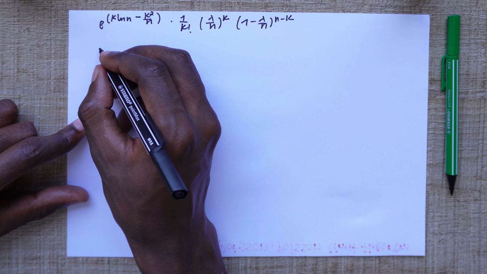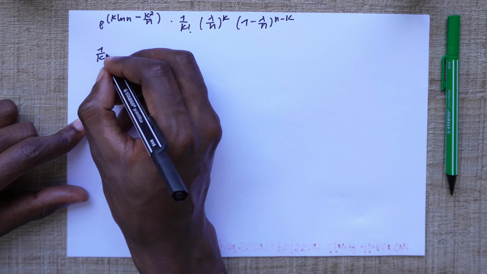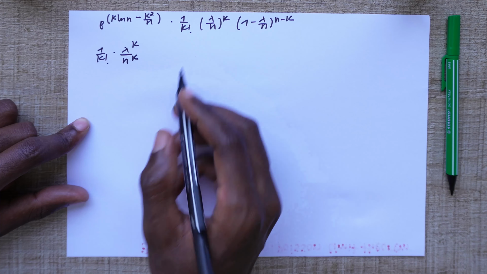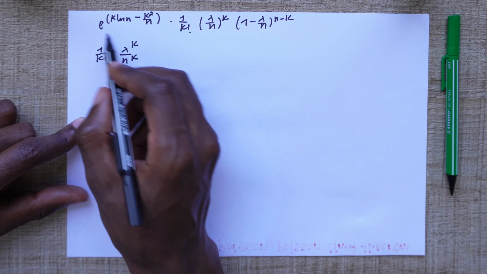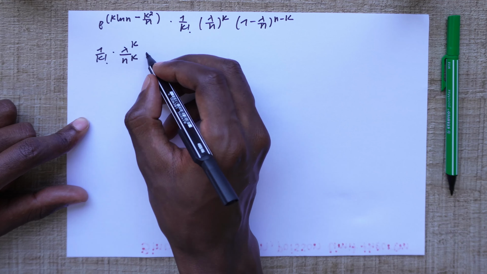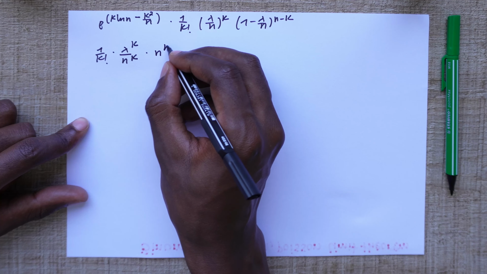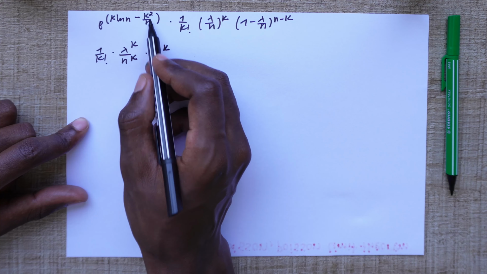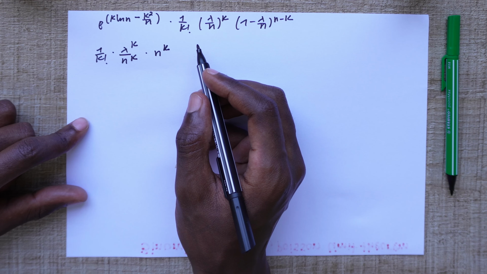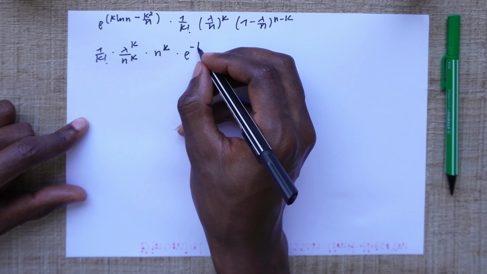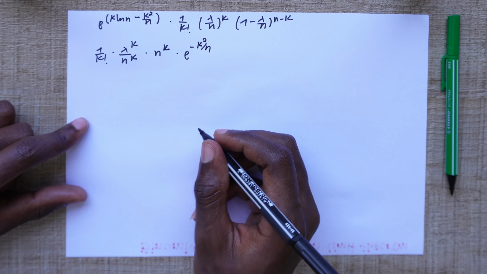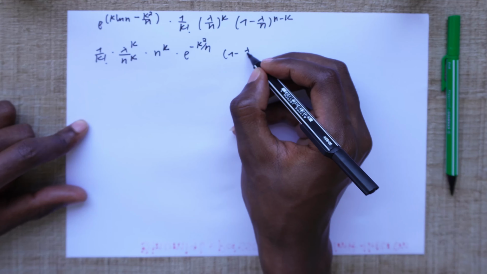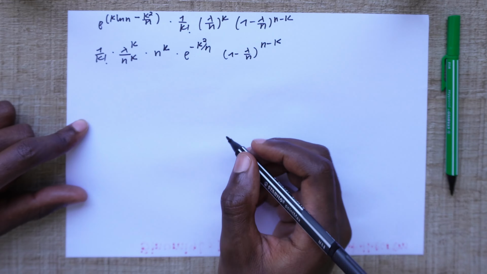We're going to have 1 over k factorial, then lambda to the power k over n to the power k, okay, this term, then e to the k ln n, that's just n to the power k, hope you can see that, the exponential, then e to the negative k squared over n, and then we have this 1 minus lambda over n to the power n minus k.